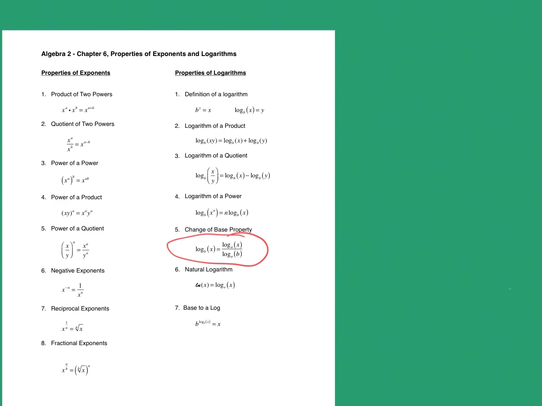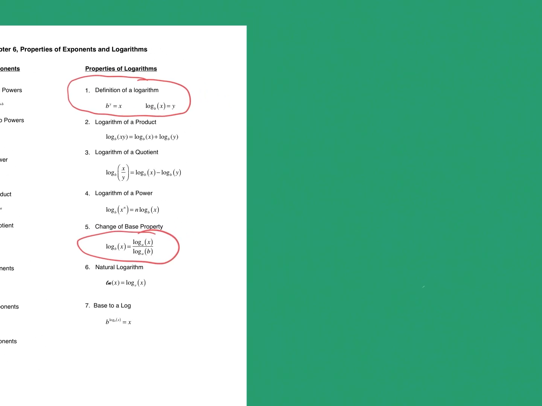Okay, I'm just going to walk through these 5 properties really quickly, and then we'll do a couple homework problems. So the first property is just our basic definition of a logarithm, and that's property number 1. And bear with me again, my voice is not going to be good today.